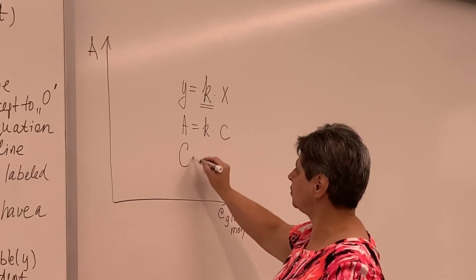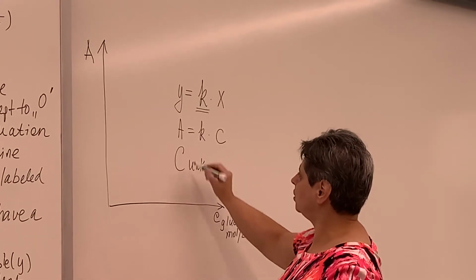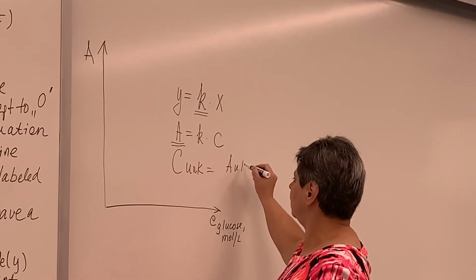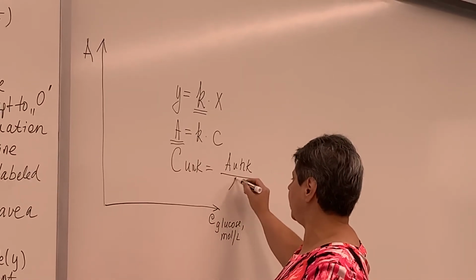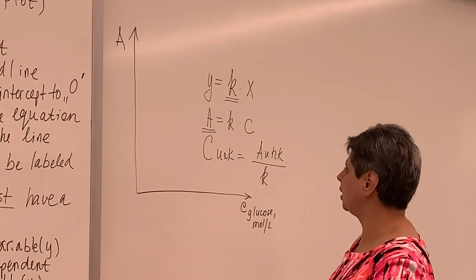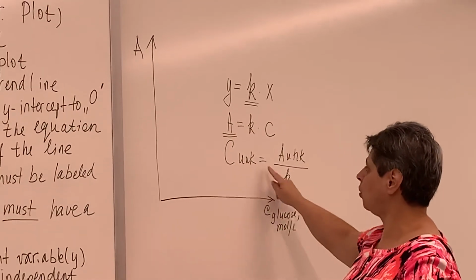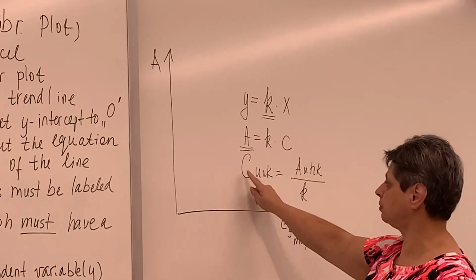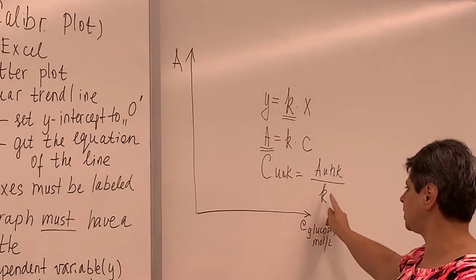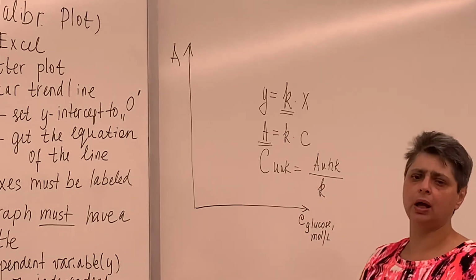So to find the concentration of the unknown, you're going to take the absorbance of the unknown and divide it by K, which is given in your graph's equation. Make sure to show all work as to how you find the concentration of the unknown using its absorbance and the slope of the graph. That's it.